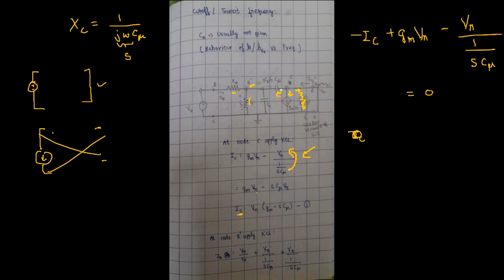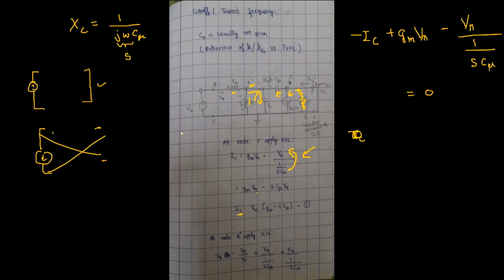The rightward one gives us V pi divided by 1 by s C mu, and the third, the one flowing through the capacitor, gives me V pi divided by 1 by s C pi. So there aren't three, actually there are four currents flowing here.